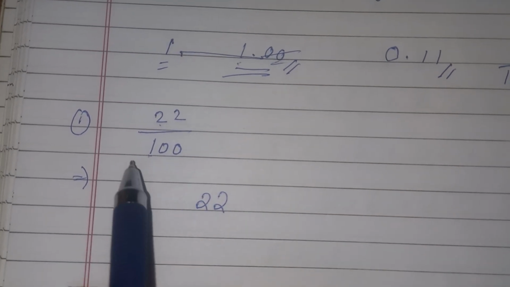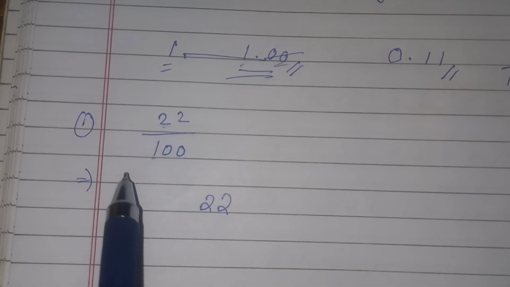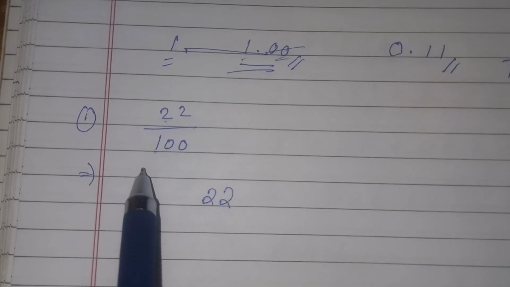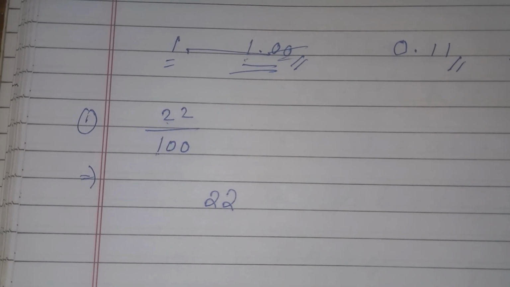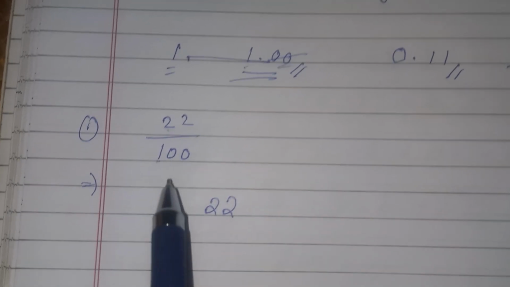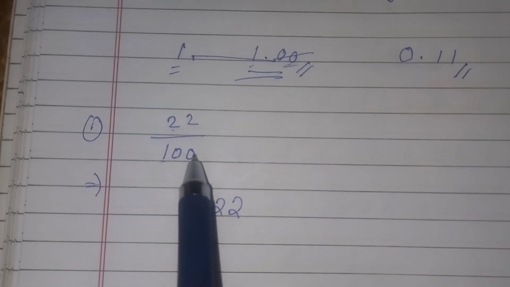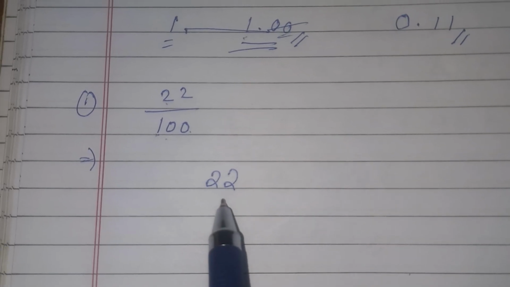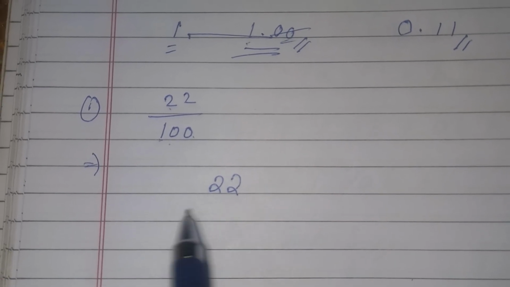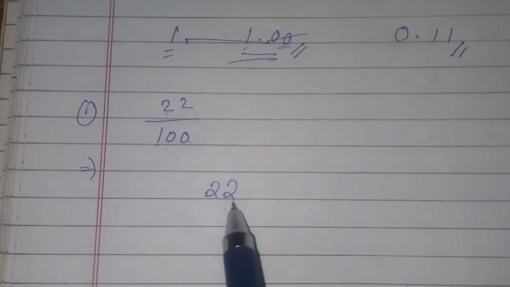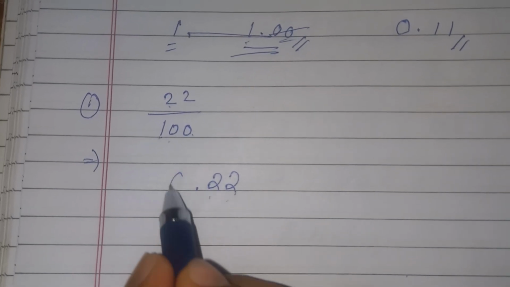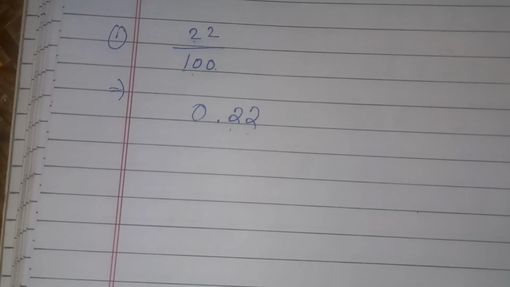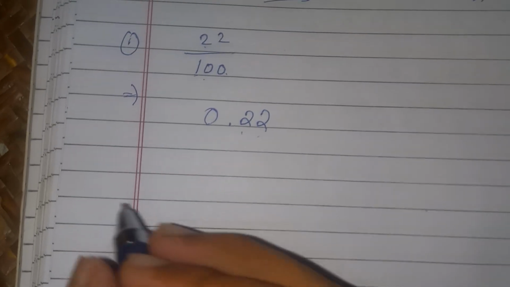Now let's see the denominator and check how many zeros it contains. Here it contains two zeros. So two numbers from the back, we have to put a point. 2, 2, point. This is how it is converted.